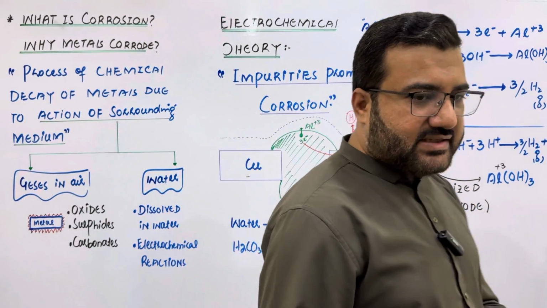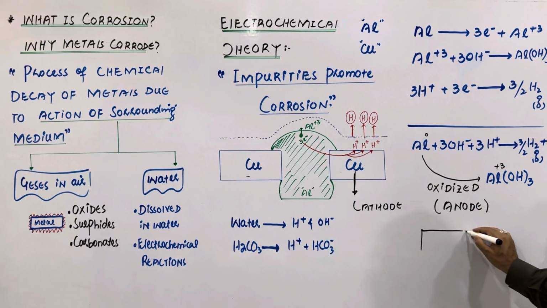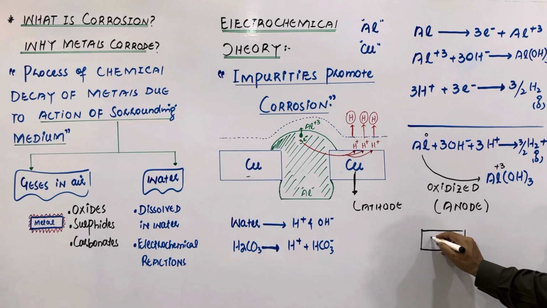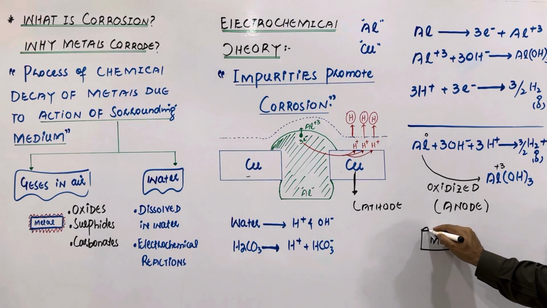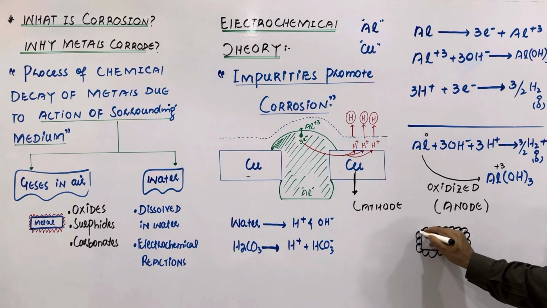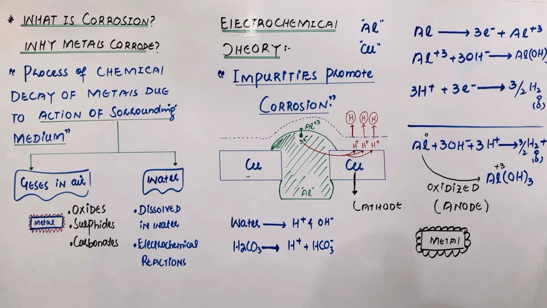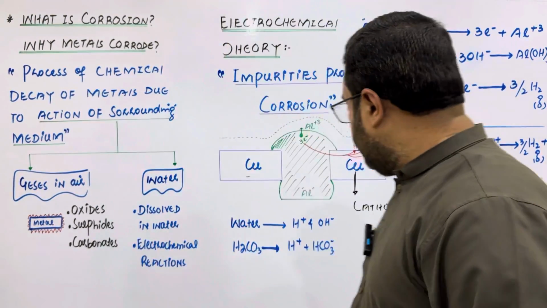Now, my dear students, to prevent any metal from corrosion there are different methods, but the simplest method is to coat the surface of the metal. If you place a protective coating on the surface of the metal, its corrosion can be delayed or slowed down.